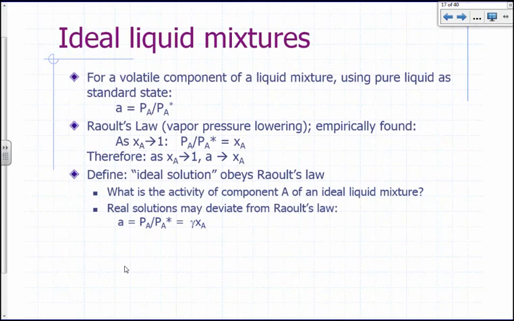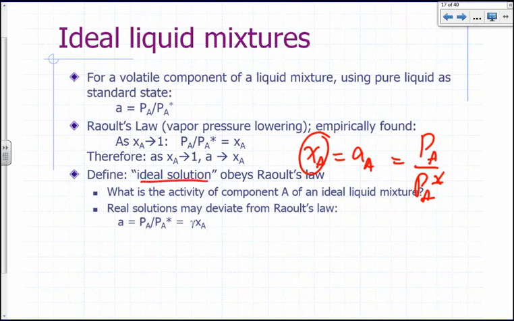Now, if you have a solution that obeys Raoult's law under all circumstances, in other words, if PA over PA star happens to be equal to the mole fraction, then you say you have an ideal solution. So we define an ideal solution as one that obeys Raoult's law.